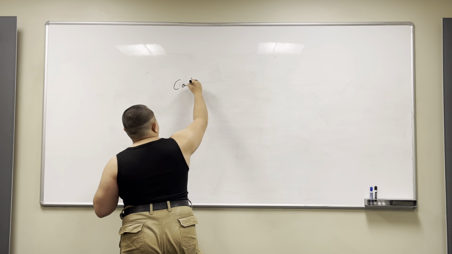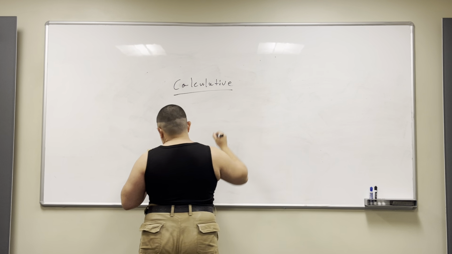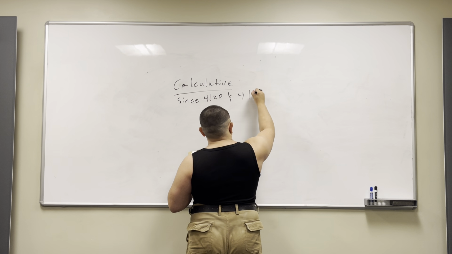Now, calculative for this. Since 4 divides 20 and 4 divides 28, for any s, t elements within the integers, we have 4 divides s times 20 plus t times 28.